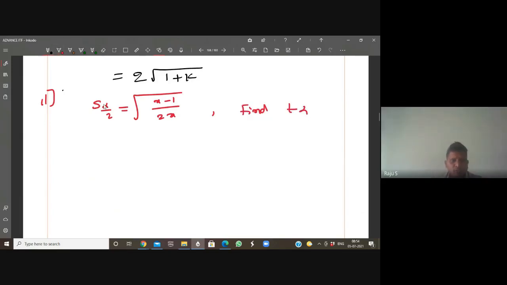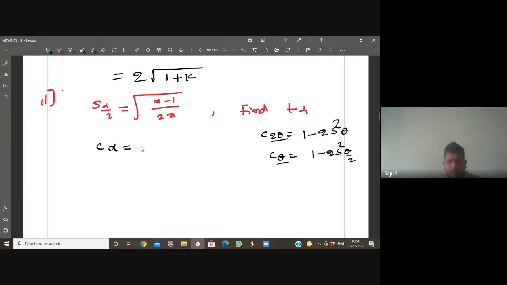This question we can do like this. What is the cos 2 theta formula? Cos 2 theta is equal to 1 minus 2 sin square theta. When I take only cos theta, shall I write 1 minus 2 sin square theta by 2? In place of 2 theta, I have taken theta in the same way.